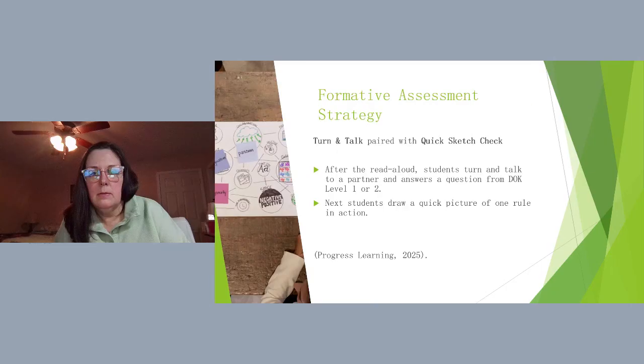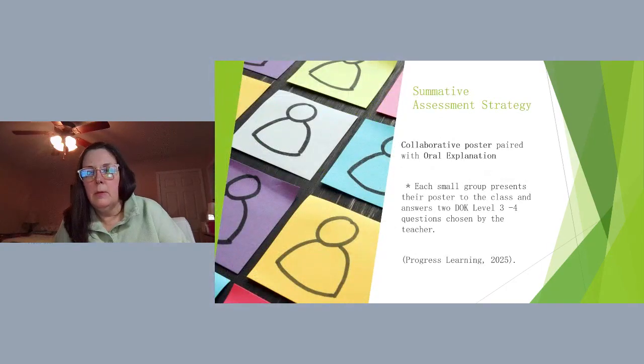A summative assessment strategy that can be used is tasking small groups with creating a collaborative poster paired with an oral explanation. Groups will take turns presenting or sharing their poster collages with their teacher and their classmates, and then they will have to answer 2 questions chosen by the teacher, one from a depth of knowledge question in level 3, such as, how does your poster show cooperation?